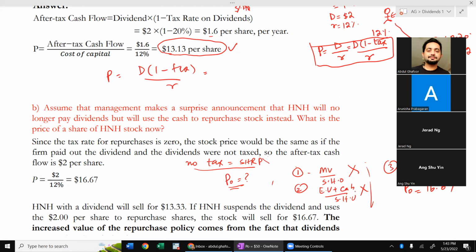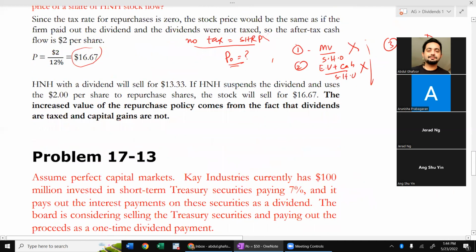Since the tax rate on the repurchase is 0, the stock price would be the same as if the firm paid out the dividend and dividends were not taxed. So whatever the price is here would be the price before the share repurchase, and if there are no taxes, this would also be the answer after the share repurchase.